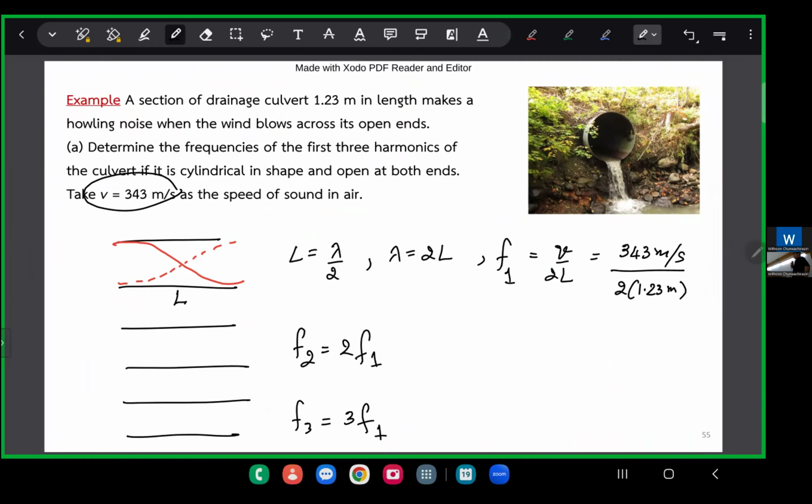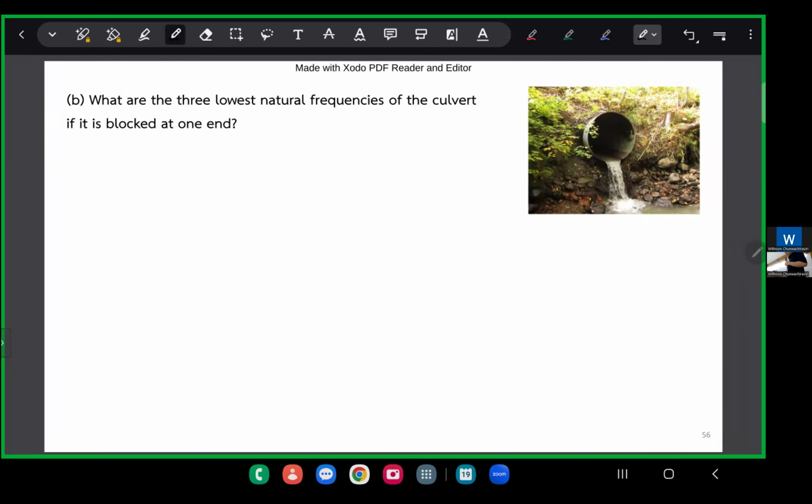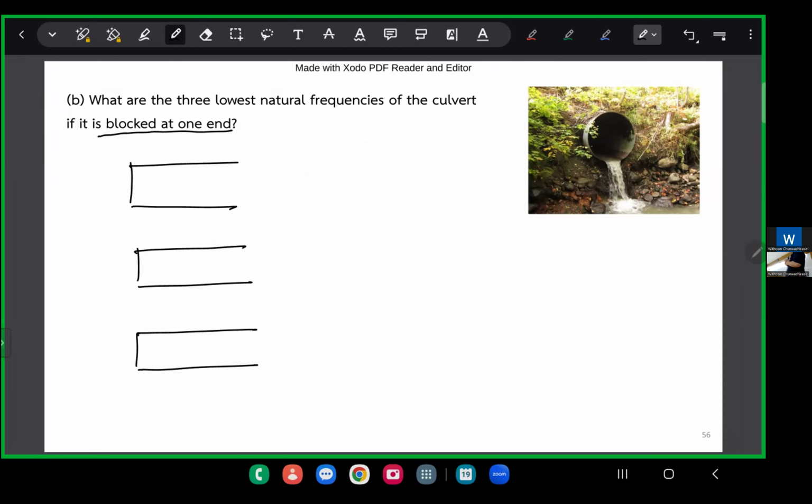Not bad, pretty good. And the same thing will happen if the next question says, hey, it turns out it gets blocked at one end of the tube. No big deal. Now you turn into the situation of a one-end-open, one-end-closed tube. If you want to draw a little bit just for fun, that's fine. Let's go like this, come down like that. You remember, or can refer to, that the length of the tube is a quarter of a wavelength.